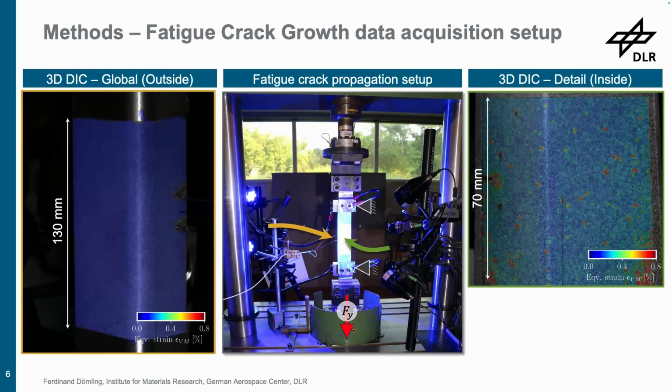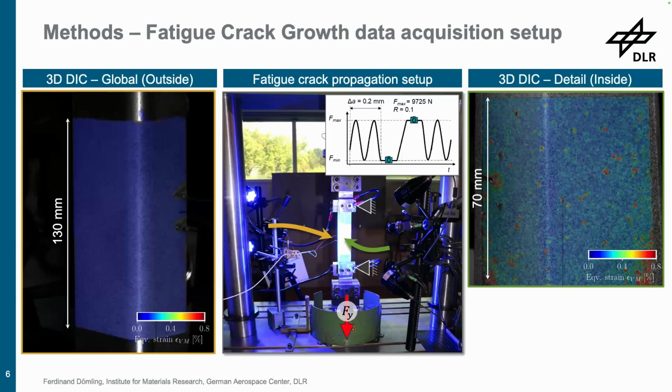So we have two 3D DIC systems on both sides, the inside and the outside of the sample, and we gather full-field DIC data. We gather it at minimum load and maximum load. So we stop our experiment shortly, take our images at roughly an interval of 0.2 millimeters.